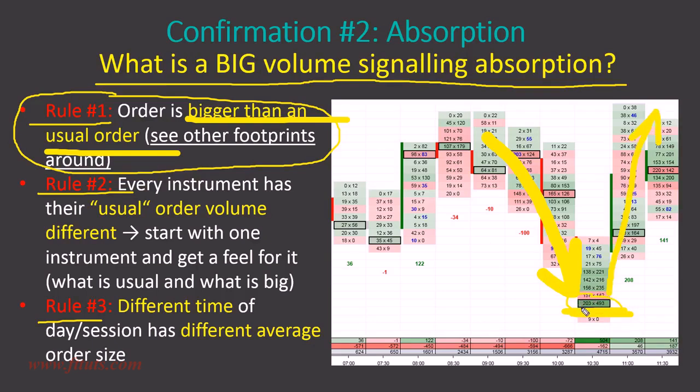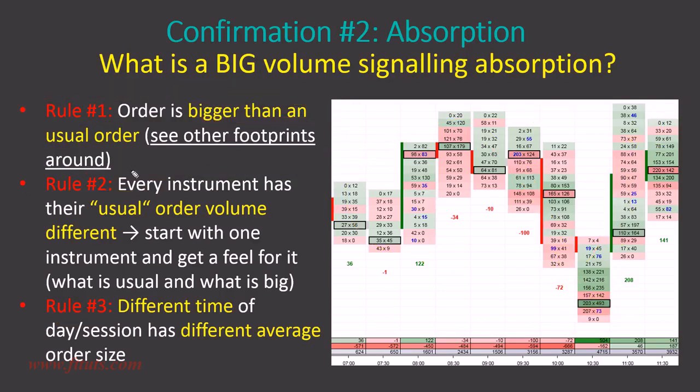If you look at those numbers, 203 and 493, you can immediately tell that it's way bigger than the average, right? Those volumes in here are way above the average. This is the most important rule, rule number 1. If you are new to this, just stick to this rule number 1 and you should be fine, alright?